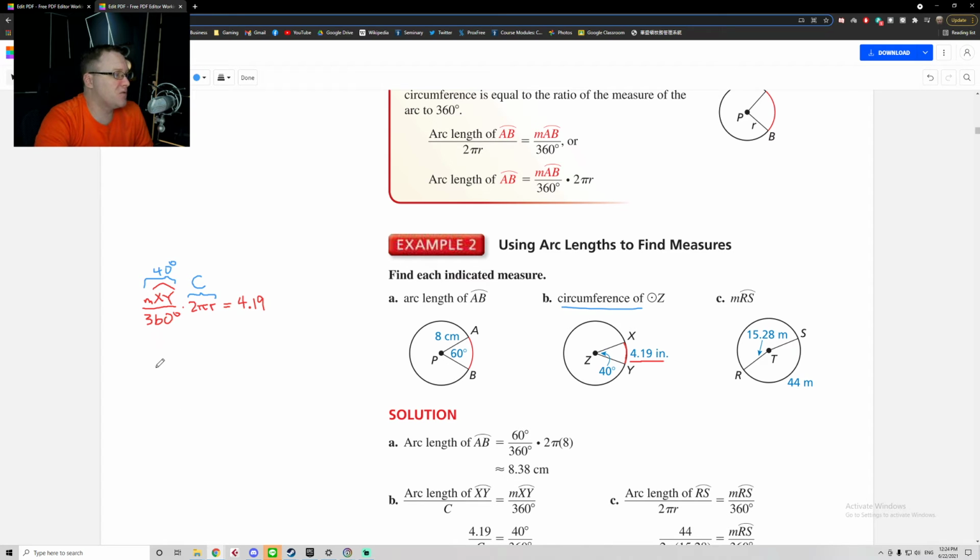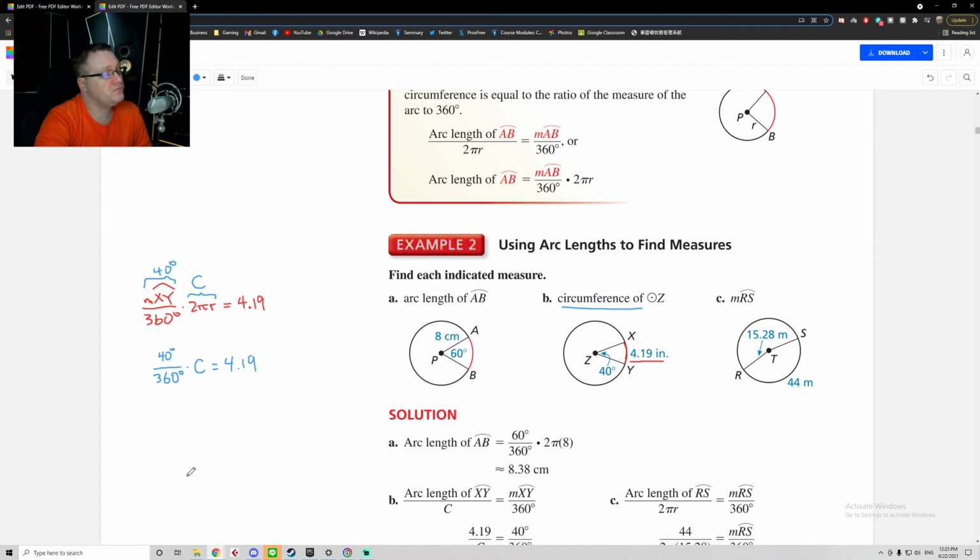So that means we can say 40 degrees over 360 degrees times 2 pi r, which is C, which is what we want to find, the circumference, equals 4.19.